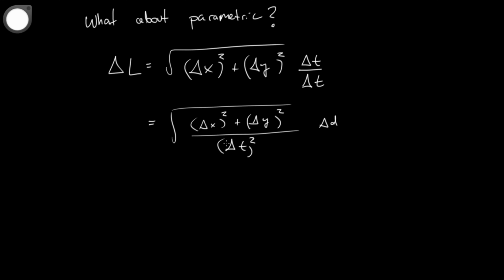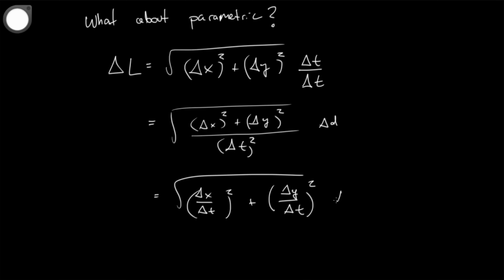Okay, let's go ahead and rewrite this, right? Delta x over delta t squared plus delta y over delta t, quantity squared. We got that delta t on the outside. I don't know why I wrote a d there. I think habit. Sorry.